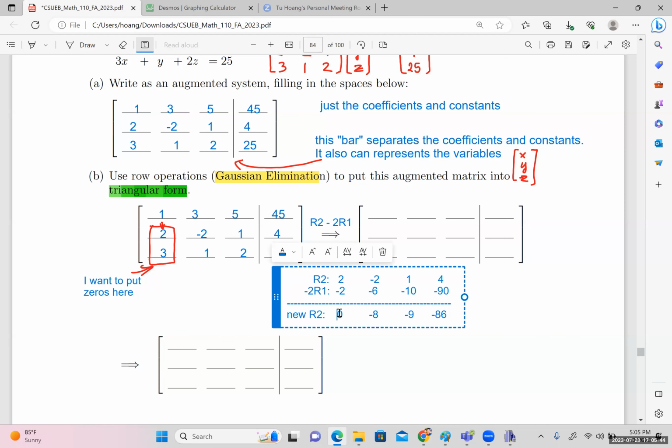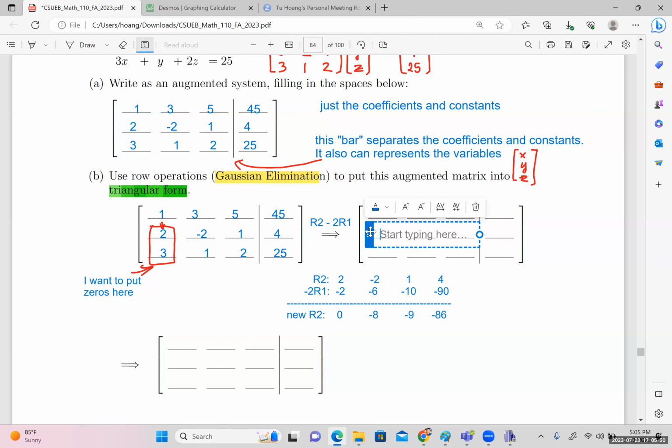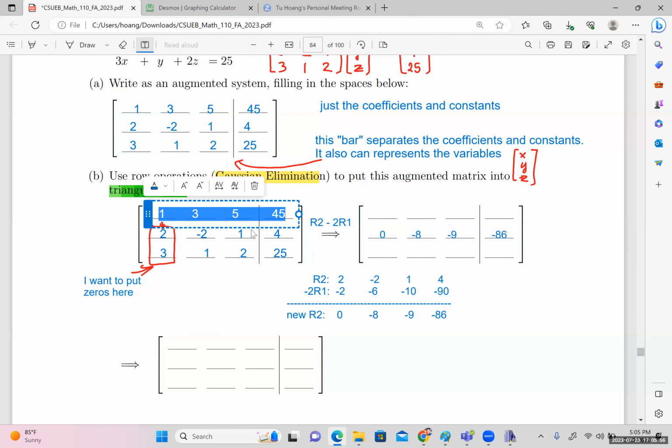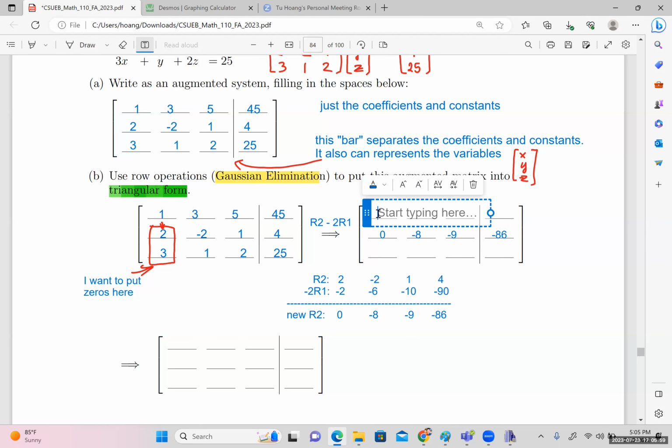Then I'm going to put this into my new row 2, and I keep my row 1 the same as before, because I am using that.